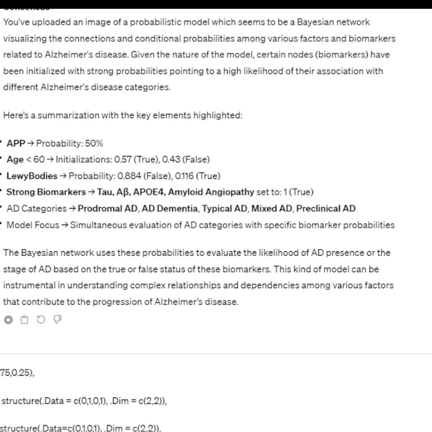Model focus: simultaneous evaluation of AD categories with specific biomarker probabilities. The Bayesian network uses these probabilities to evaluate the likelihood of AD presence or the stage of AD based on the true or false status of these biomarkers. This kind of model can be instrumental in understanding complex relationships and dependencies among various factors that contribute to the progression of Alzheimer's disease.